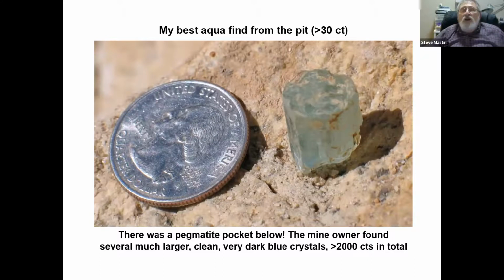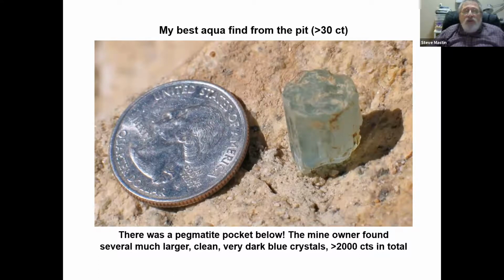Now, this is my aqua find, the best one. I found some smaller crystals, but that's the aqua I found, and it's over 30 carats. But it's really not gem quality. But the owner was right, and there was a pegmatite pocket when he got done digging into the side.